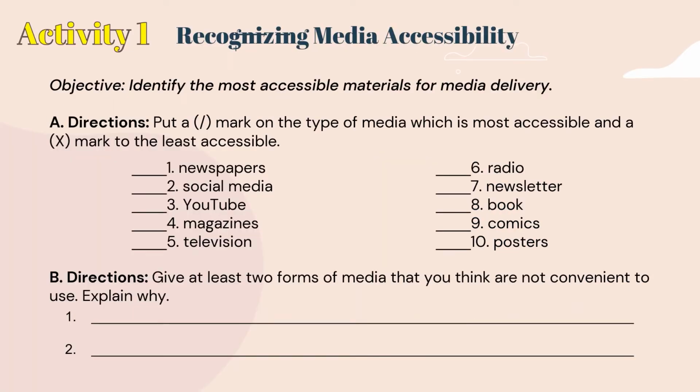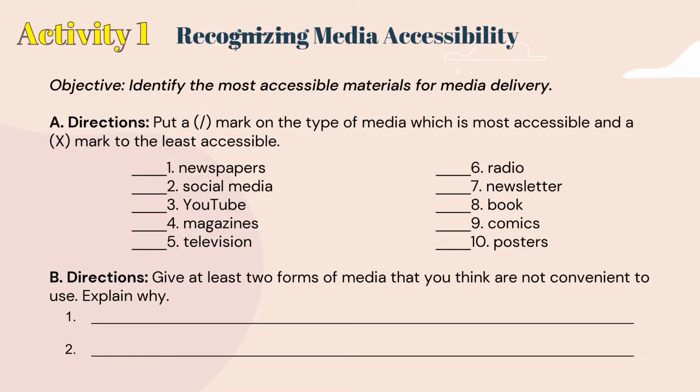Alright, after a short discussion about media streaming and its accessibility, let's have this first activity, recognizing media accessibility. For letter A, you have to put a check mark on the type of media which is most accessible to you, and mark X for the least accessible to you.